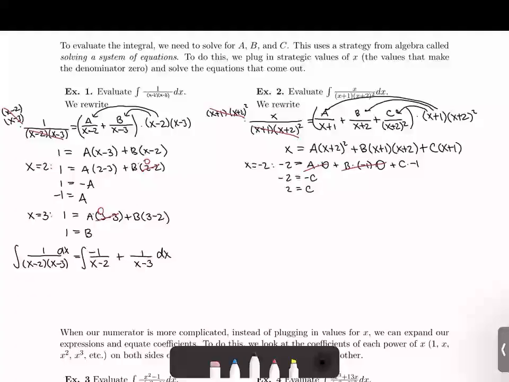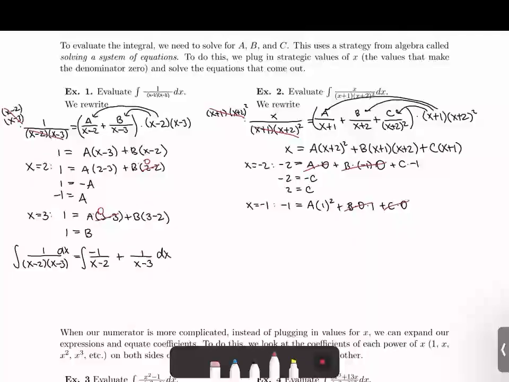Next, we're going to plug in x equals -1. So again, our equation is going to become -1 equals a times 1 squared, because -1 plus 2 is 1, plus b times 0 times 1, because -1 plus 1 is 0, and because -1 plus 2 is 1, and then that c is just going to be multiplied by 0.